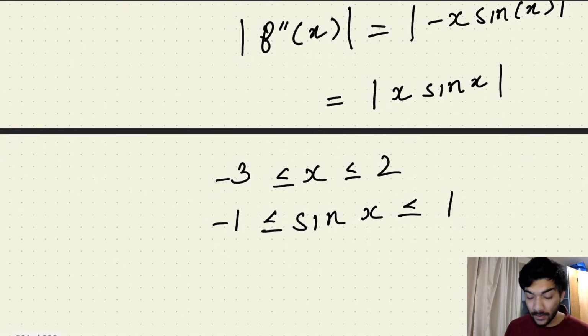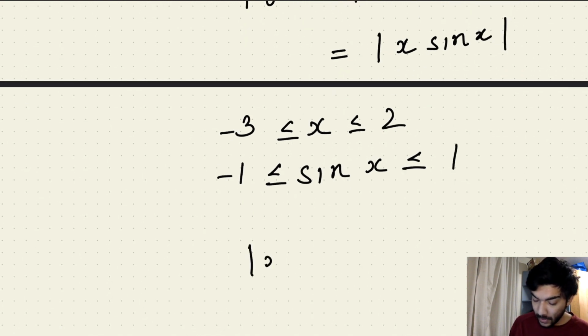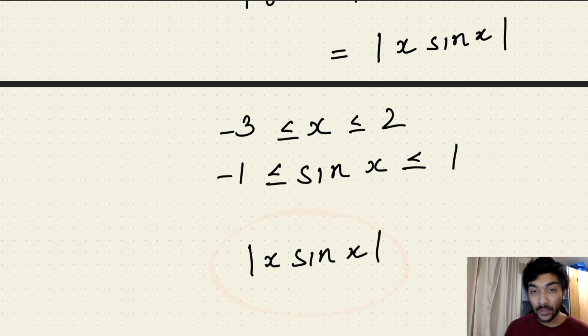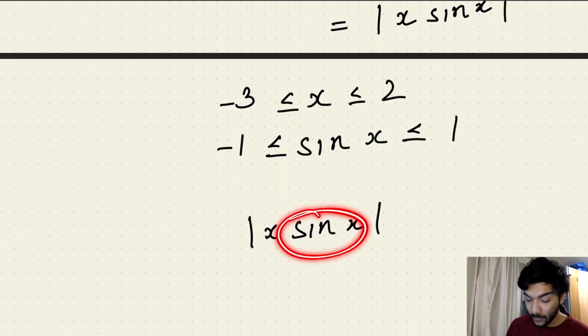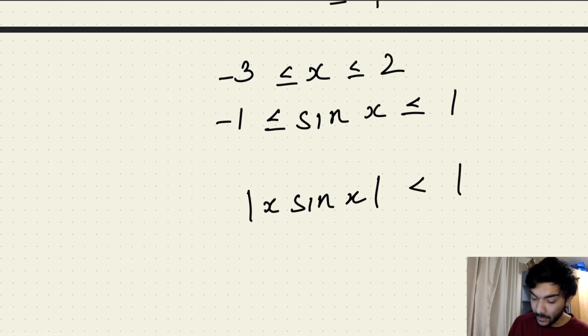So if we have to make a reasonable guess about the maximum value of the absolute value of x sin x, since sin x is a bounded function and its maximum value is 1, this expression will be less than or equal to mod x, right? Because the maximum value of sin x is 1.